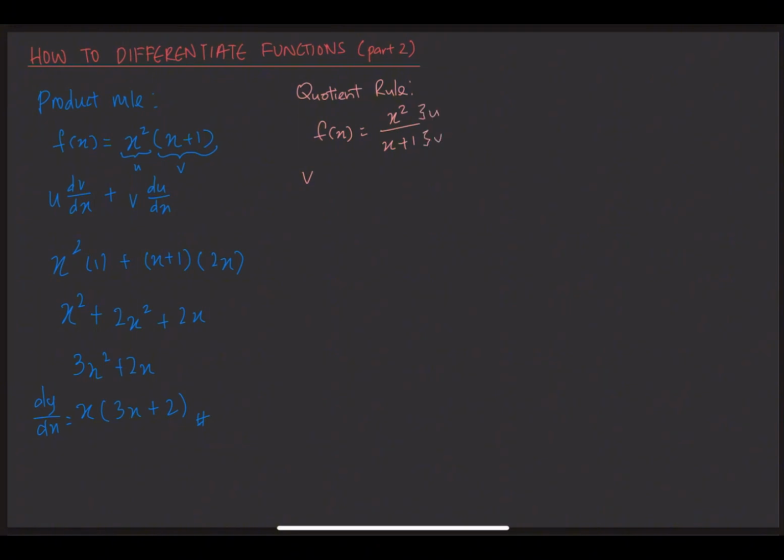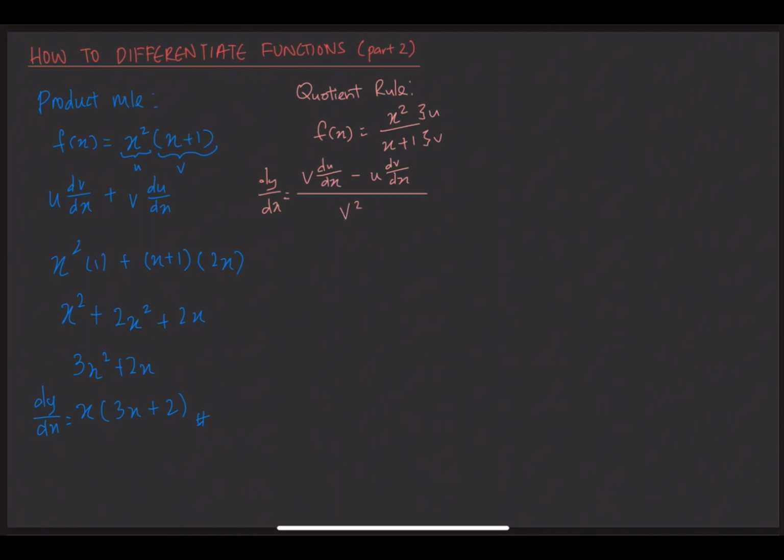Take v, then differentiate the top part, du dx, then minus the top part, u, times the derivative of the bottom part, and then you divide by v squared, which is the bottom part squared.